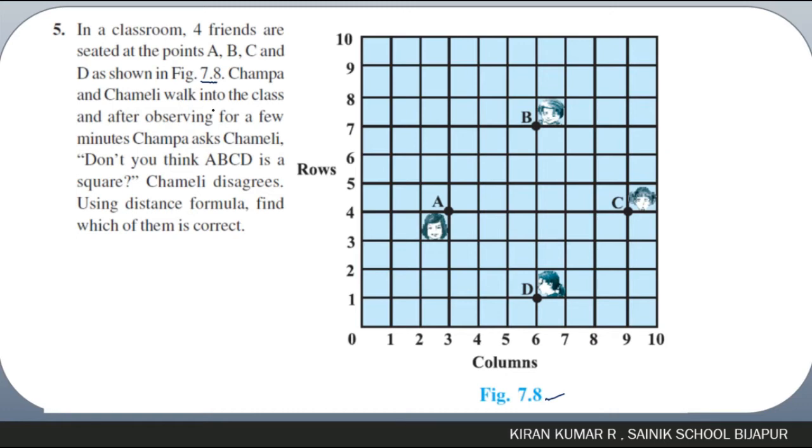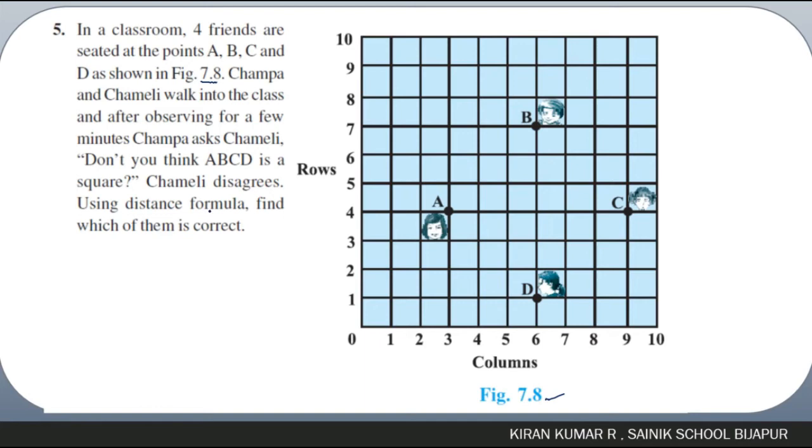Champa and Chameli walk into the class, and after observing a few minutes, Champa asks Chameli, "Don't you think ABCD is a square?" Chameli disagrees. Using distance formula, find which one of them is correct. Is Champa right or Chameli right?